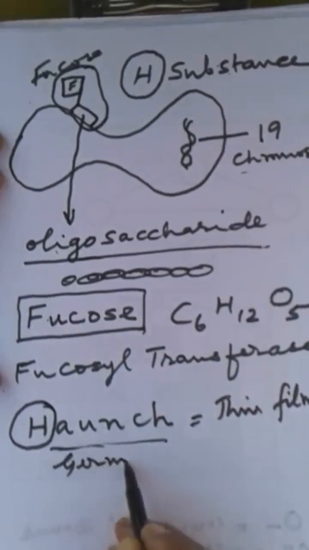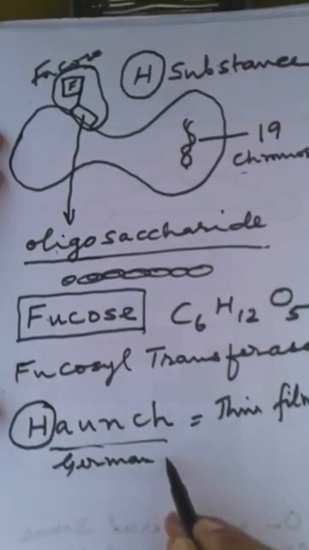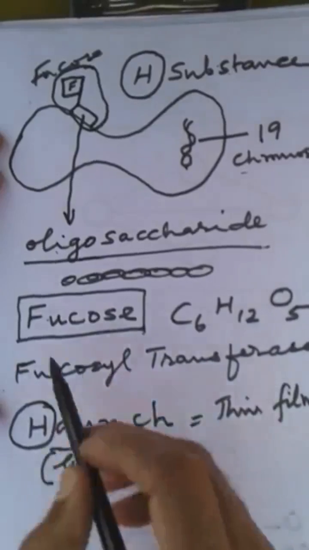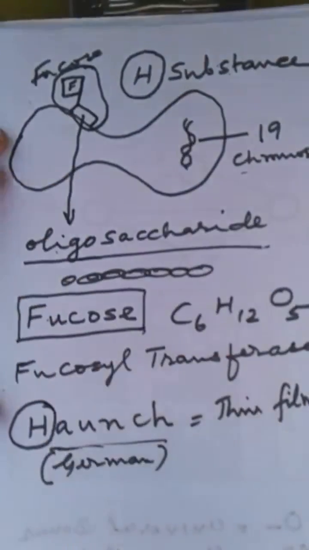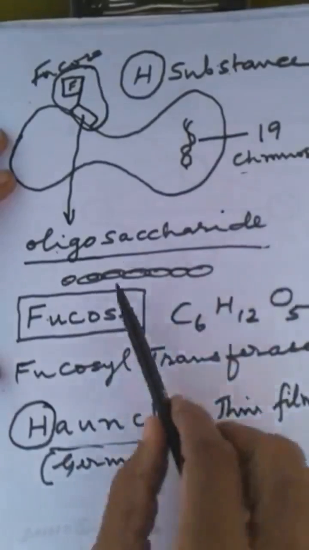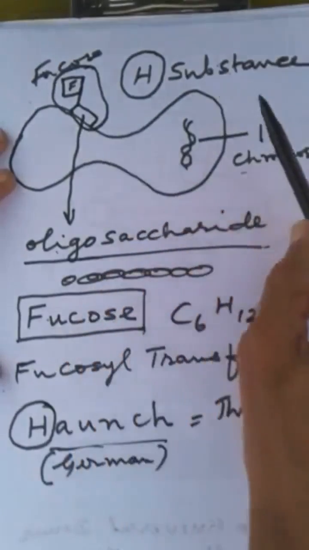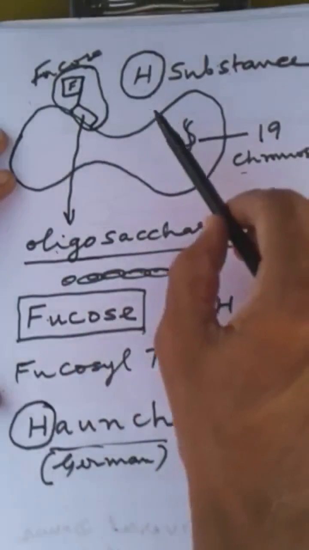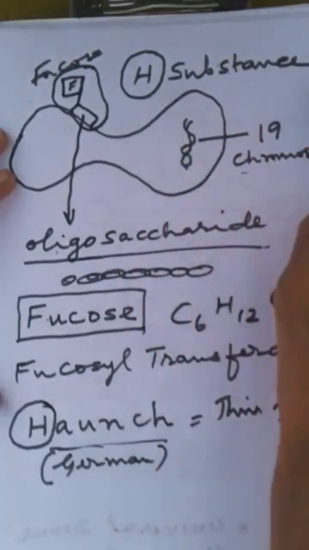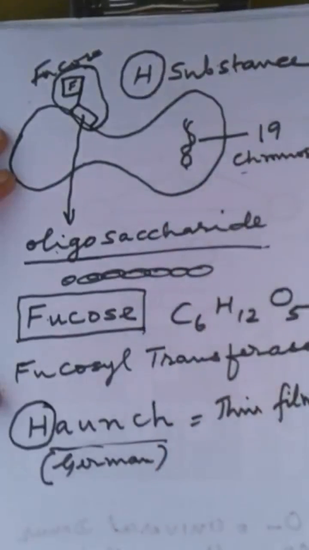It means thin film. So they noticed a thin film of oligosaccharide plus fucose, and they named that substance haunch substance, and in short they called it H substance.